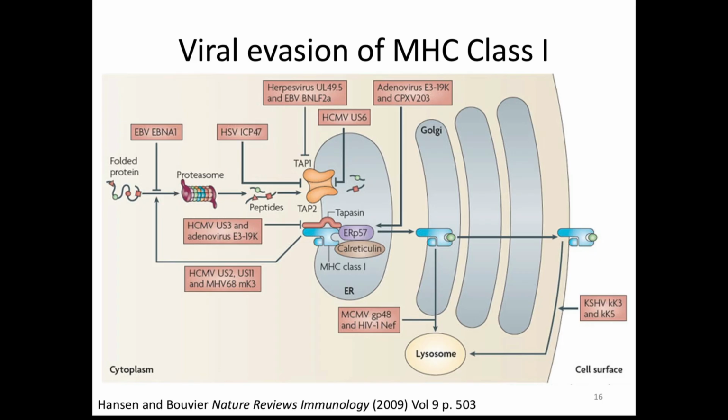So either there's a virus that's getting rid of the class 1 on the cell, or there's some kind of massive stressor on that cell that's making the cell lose class 1. And so the idea with NK cells is that NK cells are going to kill these cells that are missing class 1. So either our injured cells or our infected cells.